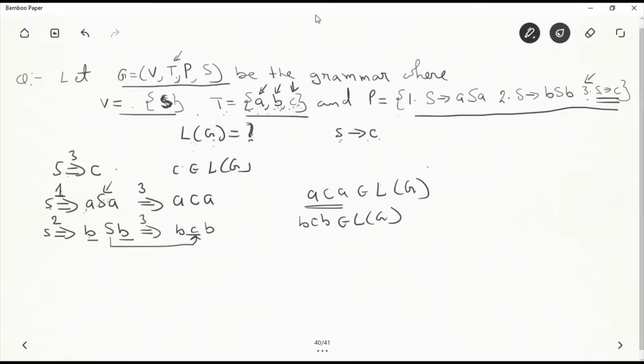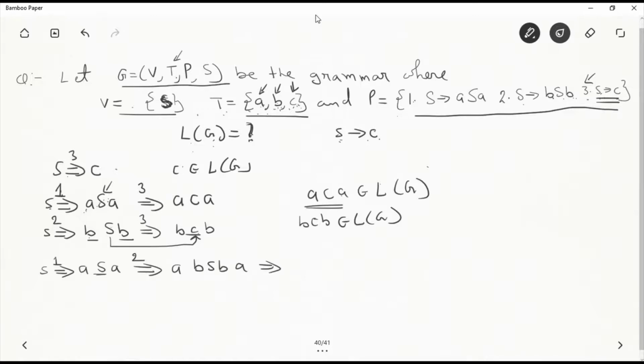Now just try a combination of 1 and 2 in any order. Use the first production rule, that is ASA, and then production rule 2, that is S is rewritten as BSB. So this S is going to be replaced by BSB, so ABSBA.